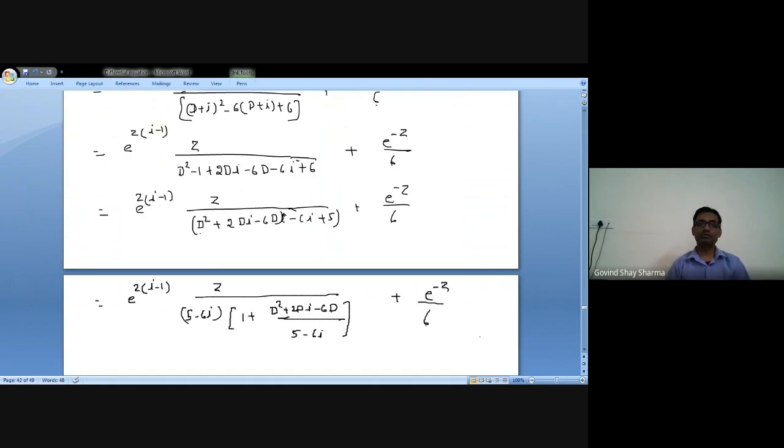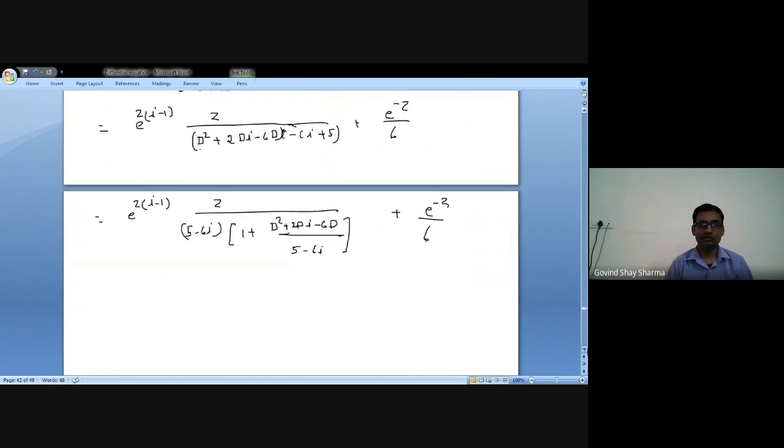So this becomes that now: e to power z into (D minus 1), 1 upon 5 minus 6i, plus D square plus 2D i minus 6D upon 5 minus 6i. We expand this.